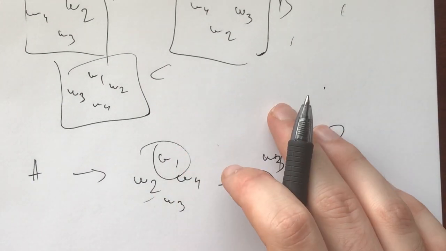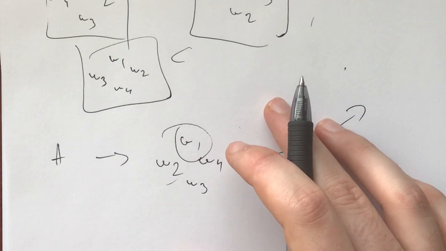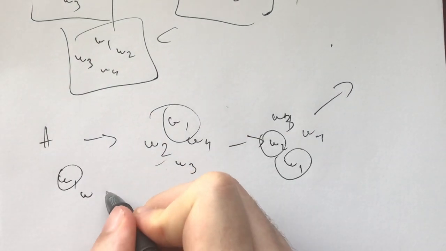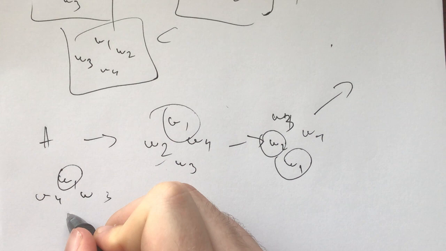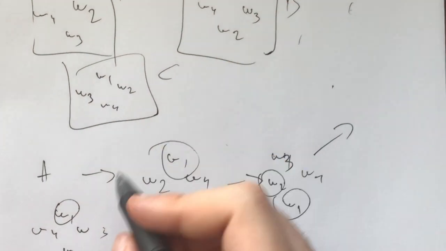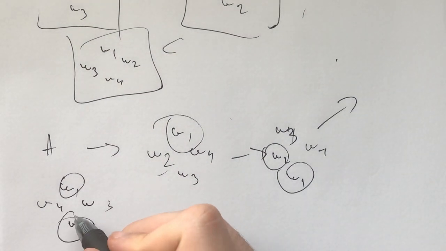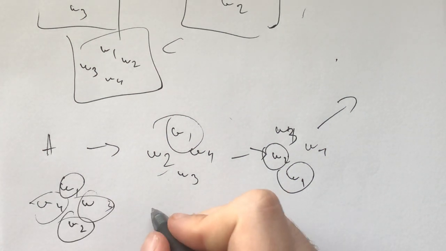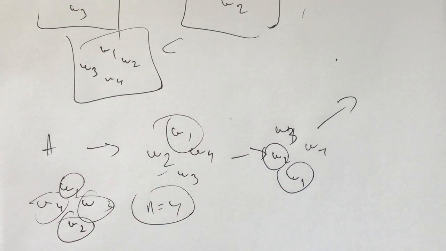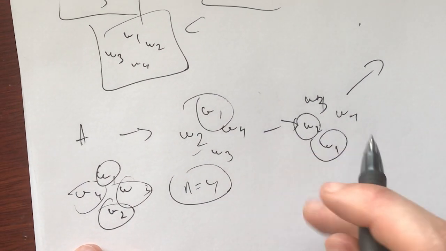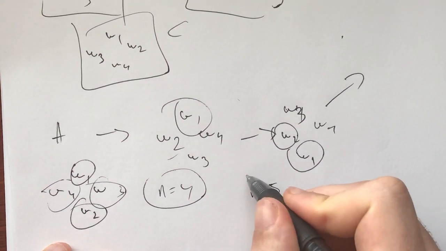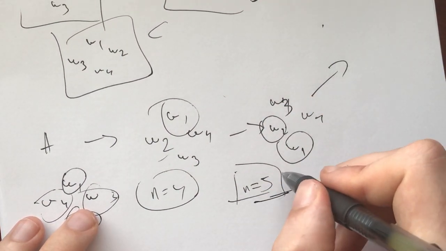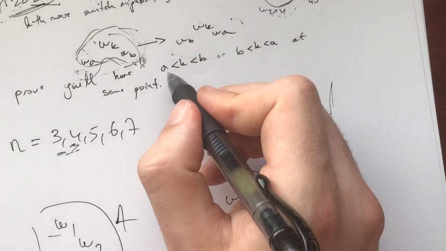We will switch it in A. Let's see if we'll switch it in B and C. In B, we'll have W1, W3, and W4. Then we'll have W2 with W3 and W4 switched again. And then we'll have W3 switching around these two. Oh! So this is important for n equals 4. This is not necessarily the case. Now, when you play with some cases for n equals 5, you see that it actually is the case that every single time you will have this sort of switch happen.